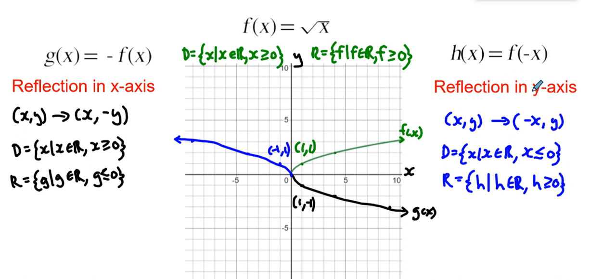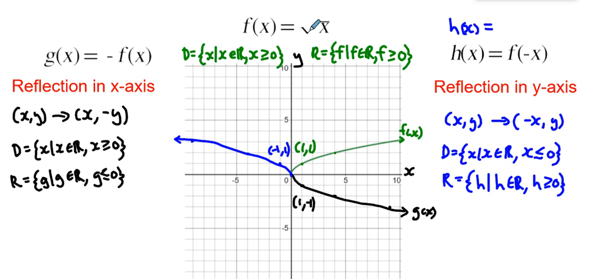So we'll see that the reflection in the y-axis is actually a horizontal reflection that affects the domain, the horizontal variable, whereas the negative out front is a reflection in the x-axis, which is a vertical reflection that affects the inequalities of the vertical variable.